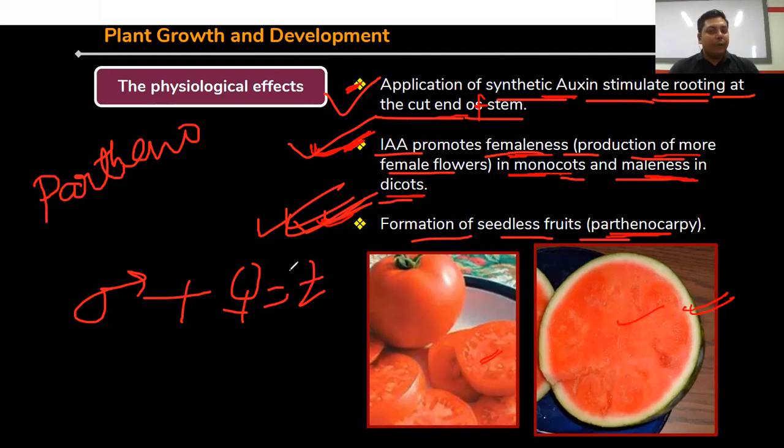That means the ovule, containing the egg, and this egg does not fuse with the male gamete. So the formation of fruit without fertilization is known as parthenocarpy. By spraying auxin, or synthetic or artificial auxin, we can produce a huge amount of seedless fruits. That's all. This is very, very important for your NEET exam.